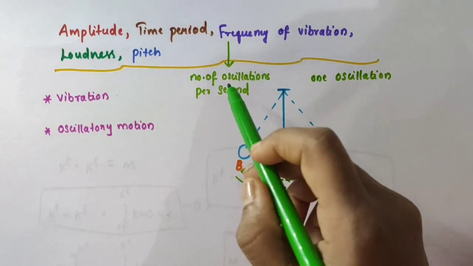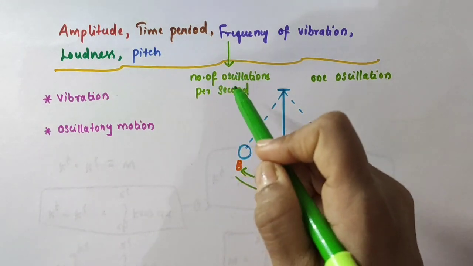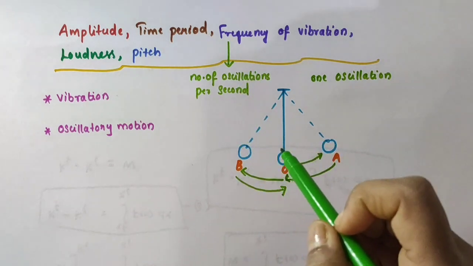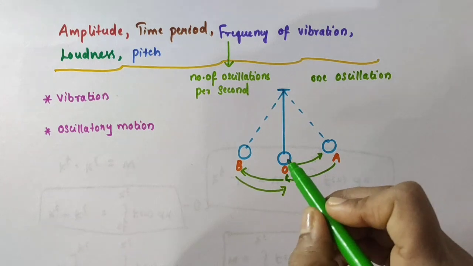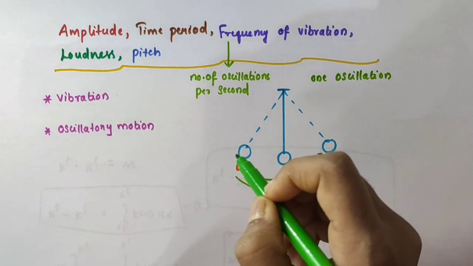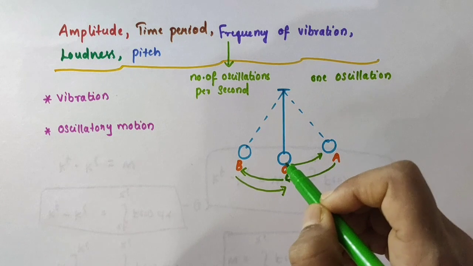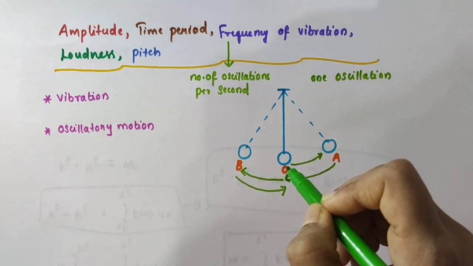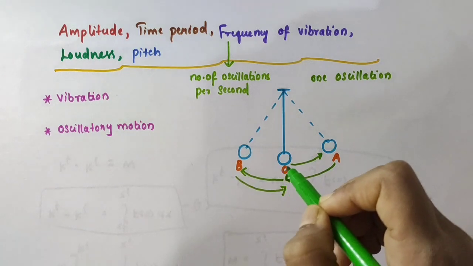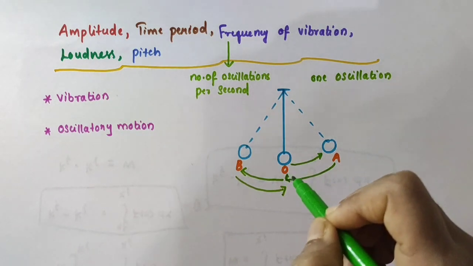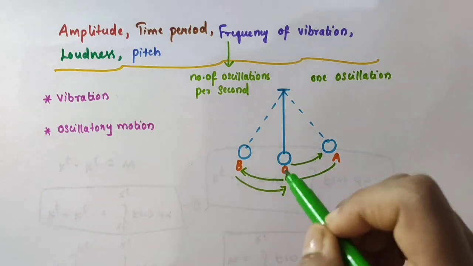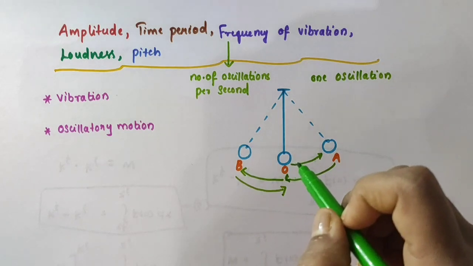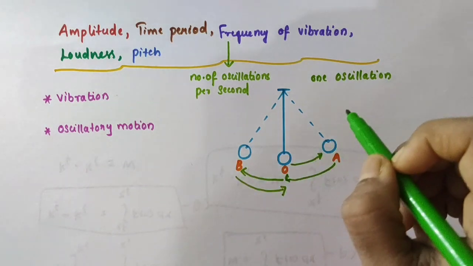For example, if in 1 second this object moves towards A, then goes to this side and comes back to the starting position, and again goes towards A, then towards B and comes back to its starting position, then this bob has completed 2 oscillations in 1 second.